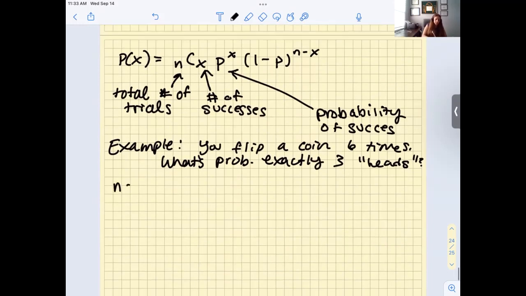What is n in this problem? What is x in this problem? What is p in this problem?